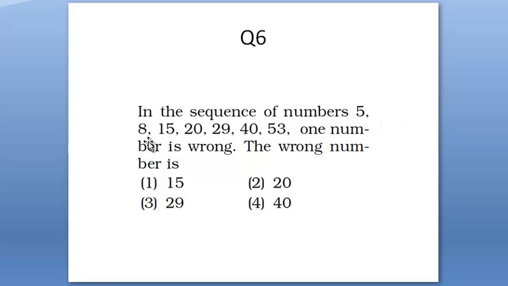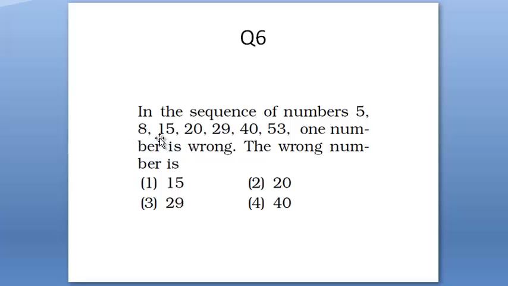So 5, when you add 3, you get 8. But after that, to 8, you're supposed to be adding 5 to get 13, right? And then from 13, if you add 7, you get 20, and then finally you add 9, you get 29.